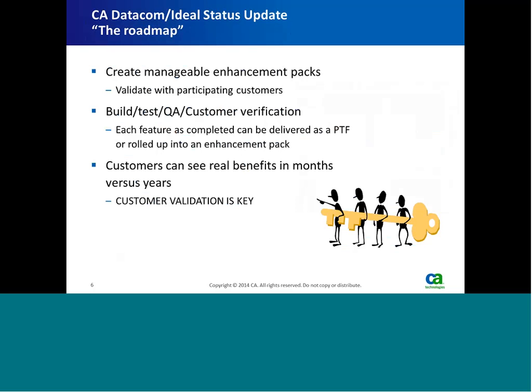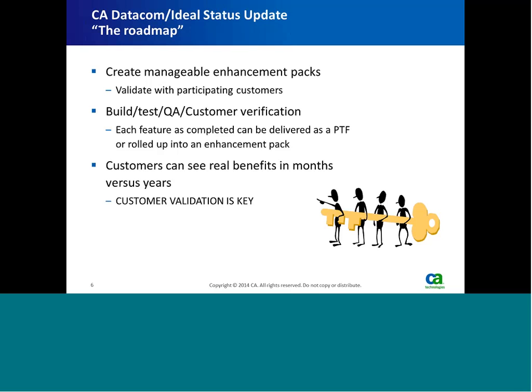So once we get this built, we have to create sort of a roadmap, if you will, of where CA Datacom is going. What we want to do, as we'll show you, is create these manageable enhancement packs, basically groups of features and functions, as I described, coming from the backlog, into a project charter, and going through a release plan that we can deliver in a short period of time.